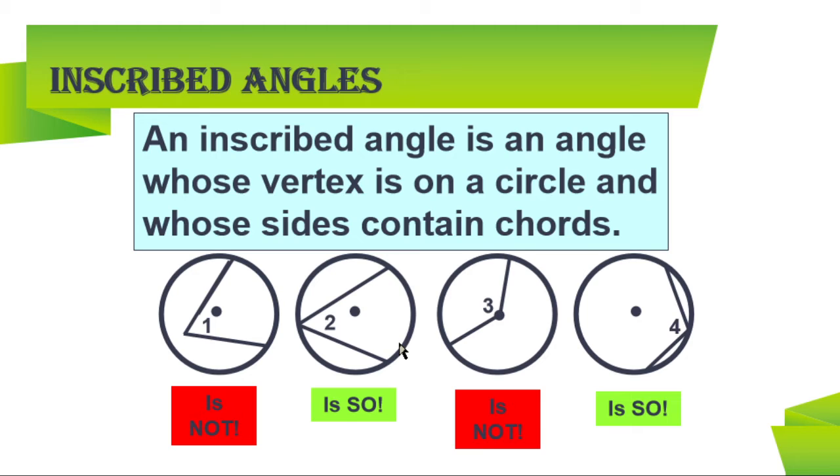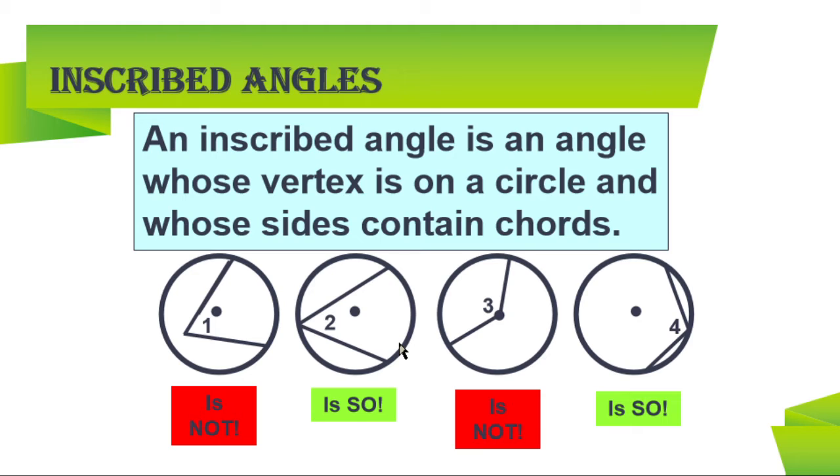Okay, so for the first example, this is not an inscribed angle because it doesn't lie on the circle. Second, yes, it is an inscribed angle because its vertex lies on the circle.